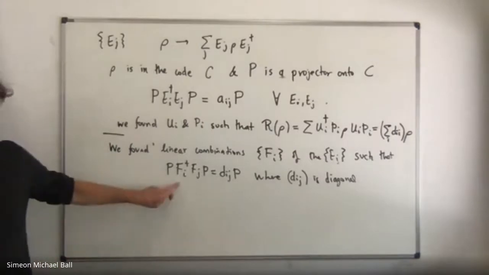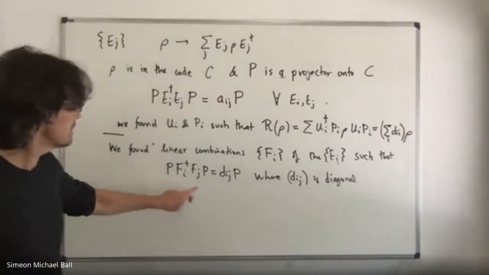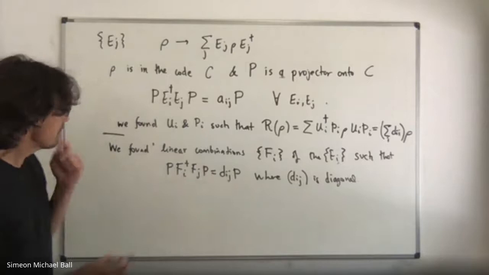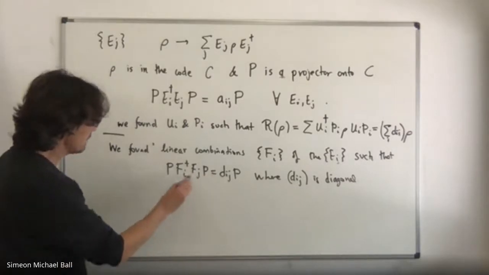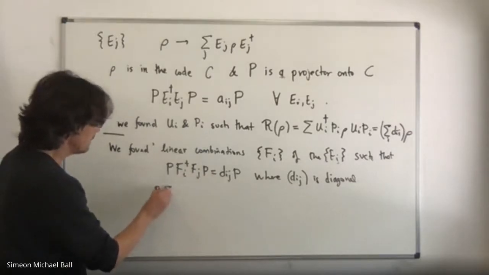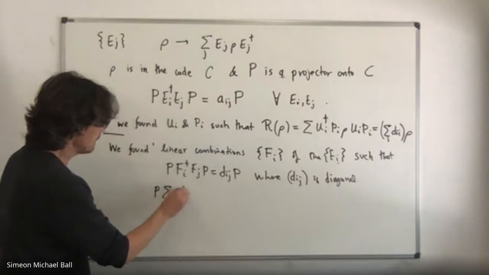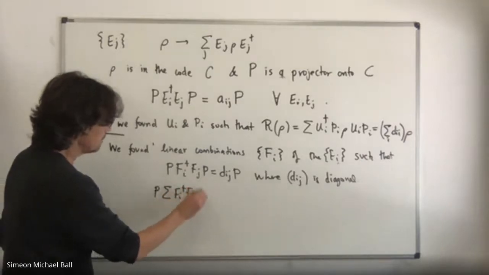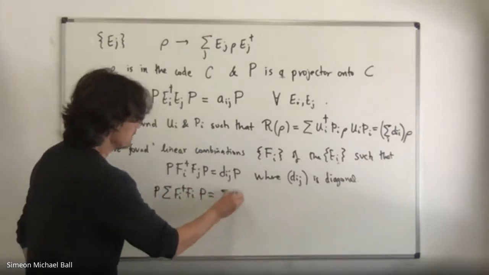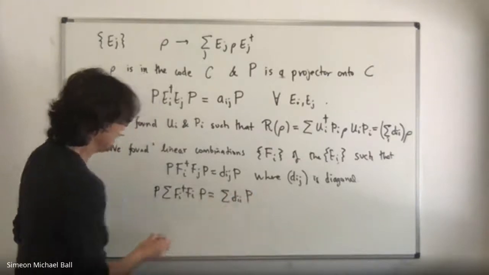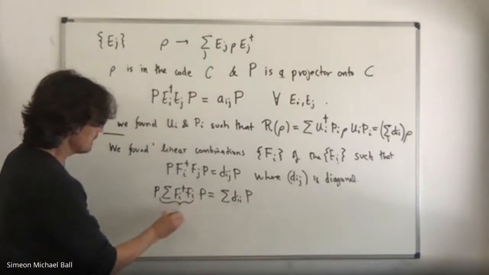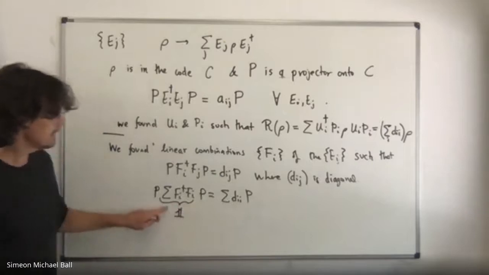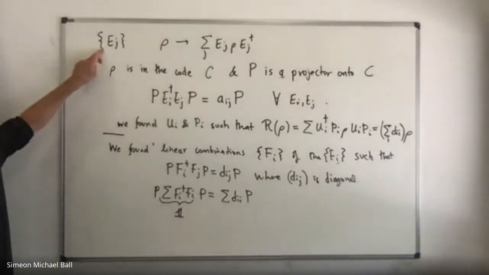But of course, straight from this, you see that this sum of d_ii is 1, because if we put i equal to j in here and sum, then we get that the sum F_i dagger F_i P is the sum of d_ii P, and this is the identity, since that's the definition of a quantum operation.